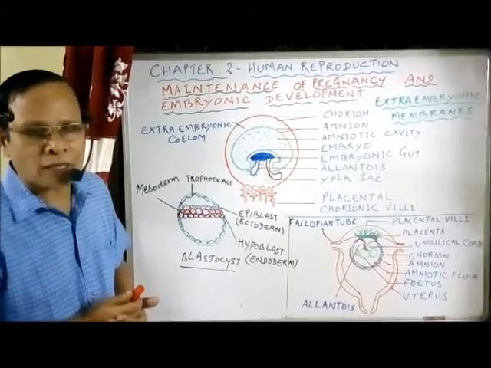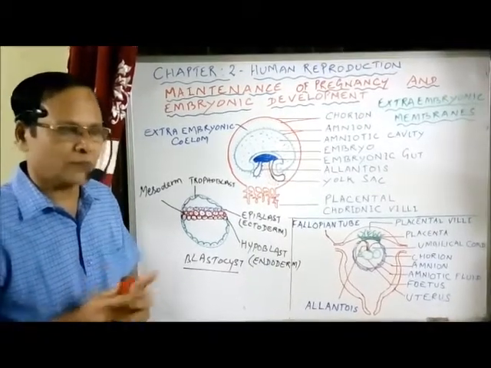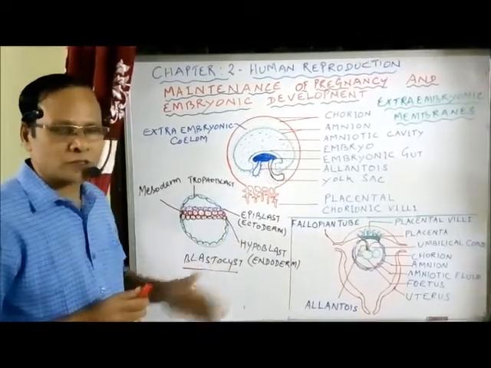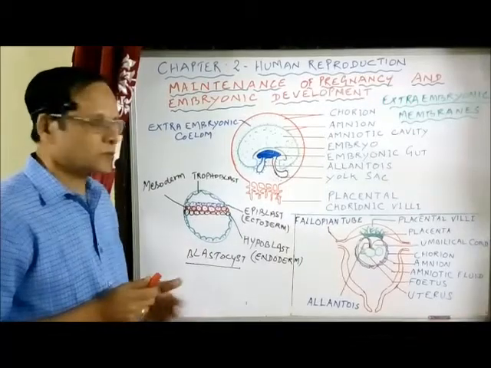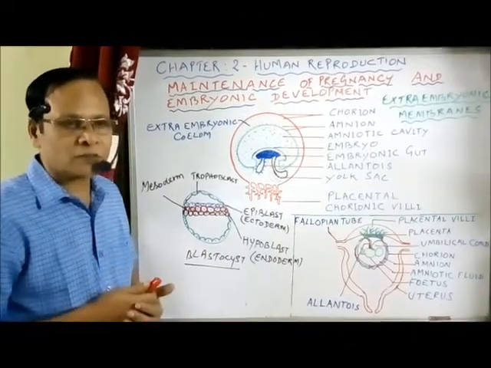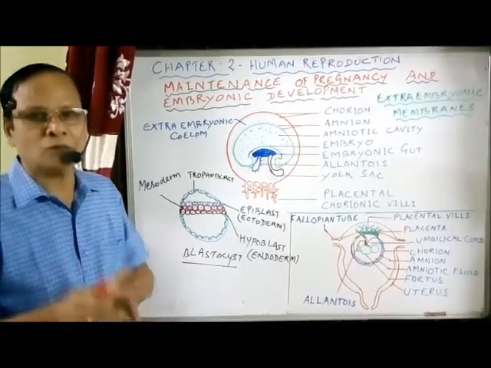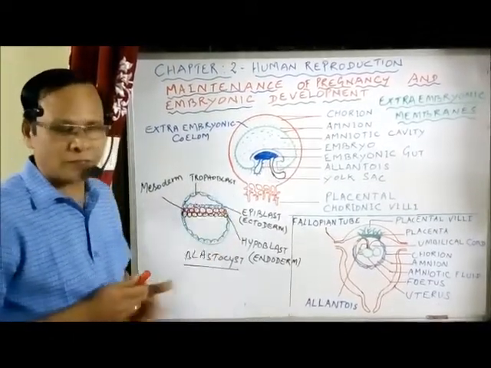Now gradually what will happen? The blastocyst gets converted into a gastrula. The early blastocyst cannot differentiate ectoderm, endoderm and mesoderm. Only during embryonic development can we get the ectoderm, endoderm and mesoderm layers.